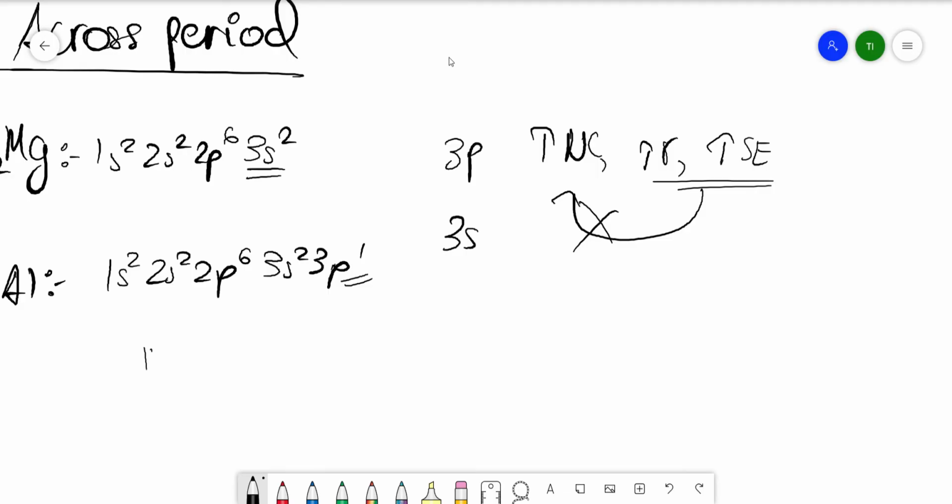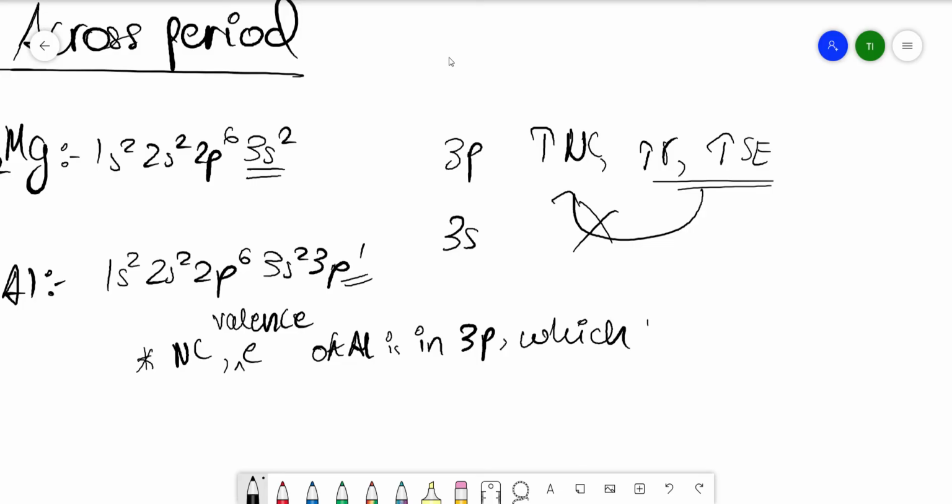And the way you'd write this is that despite the nuclear charge increasing, the outer electron, or the valence electron, of aluminium is in 3p orbital or subshell orbital, which has more energy than 3s orbital.